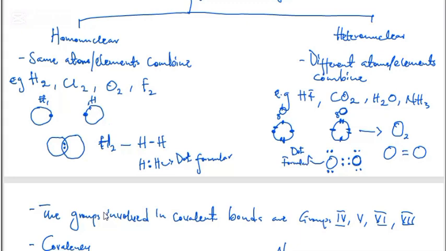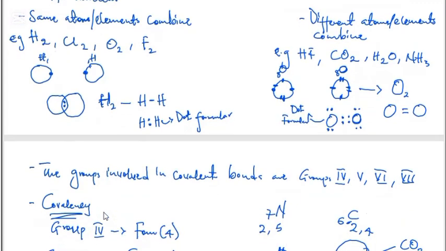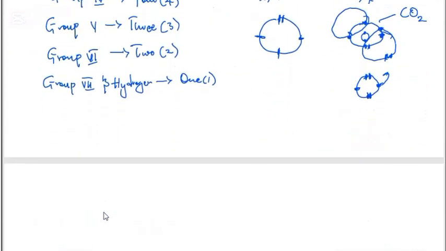So that is it for hydrogen and oxygen for your homonuclear atoms. Now let's look at your heteronuclear atoms. For your heteronuclear atoms, let's say hydrogen and what? Hydrogen and fluorine.